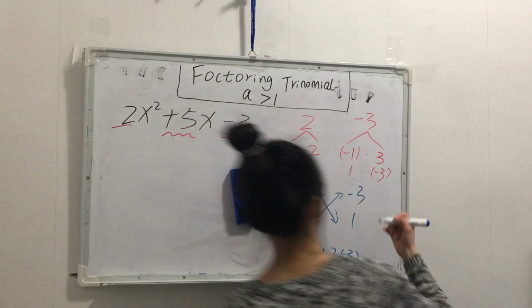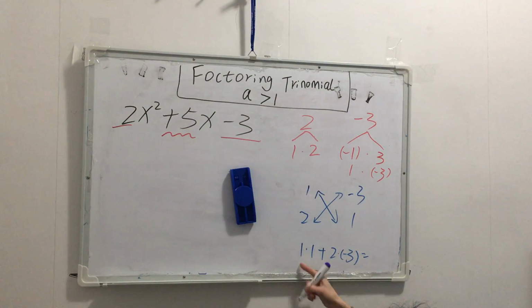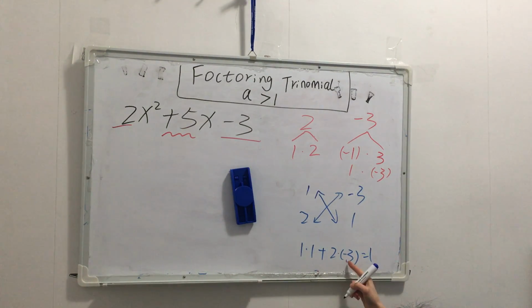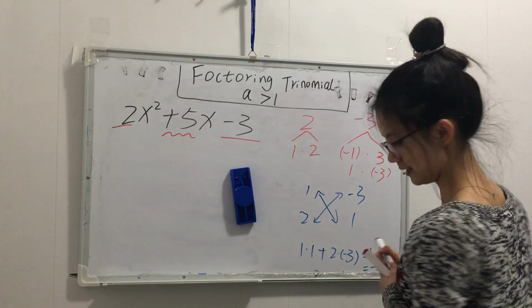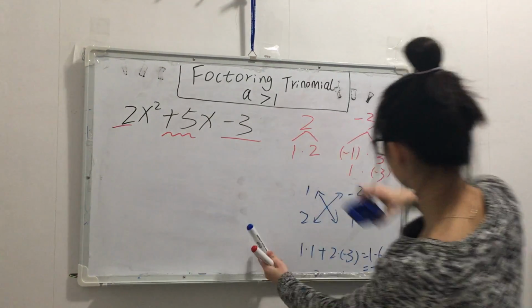This will be 1 times 1 is 1, 2 times negative 3 is negative 6, 1 minus 6 is negative 5, right? But our B term is positive 5. So this is also not what we want. Then we can try another one.